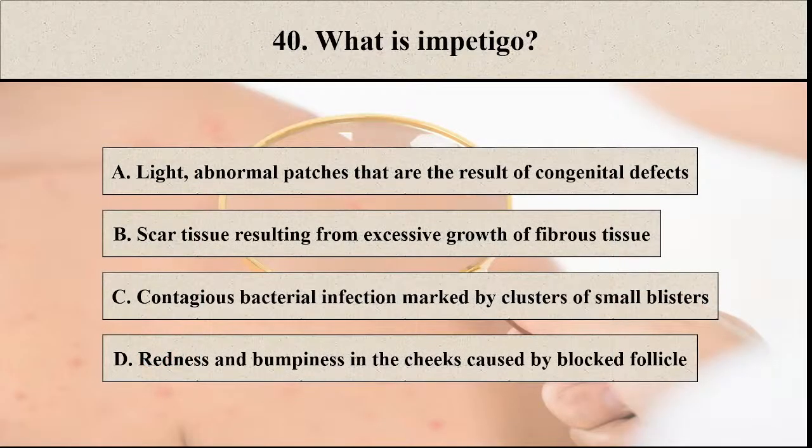What is impetigo? Is it light, abnormal patches that are the result of congenital defects, scar tissue resulting from excessive growth of fibrous tissue, contagious bacterial infection marked by clusters of small blisters, redness and bumpiness in the cheeks caused by blocked follicle?